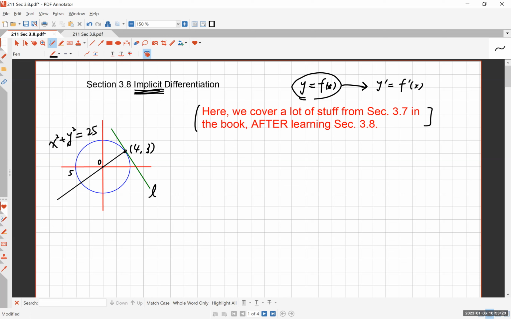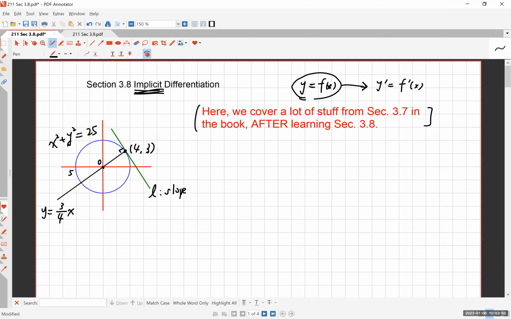You probably know the answer just from the geometry of the circle and the tangent line. After all, this black line goes through the origin and through the point (4, 3). This is 4, this is 3, so the equation of this line is y equals 3/4 x. Remember how these two lines are related to each other?